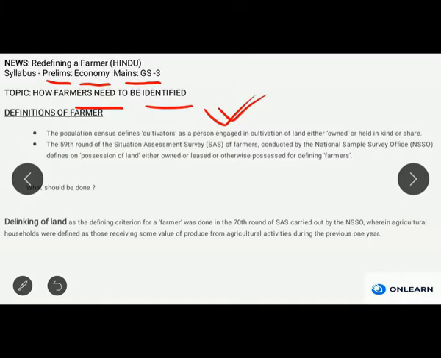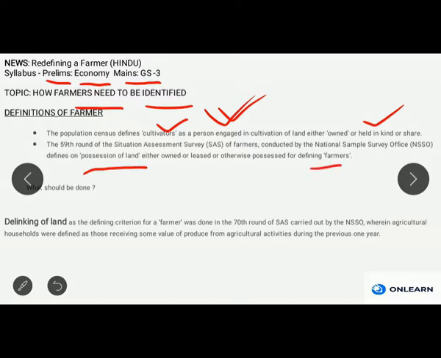Now, the population census defines cultivators as persons engaged in cultivation of land, either owned or held in kind or share. And also, the 59th round of the Situation Assessment Survey, SAS, of farmers conducted by NSSO, that is the National Sample Survey Office, defines farmers on the basis of possession of land, either owned, leased or otherwise possessed.